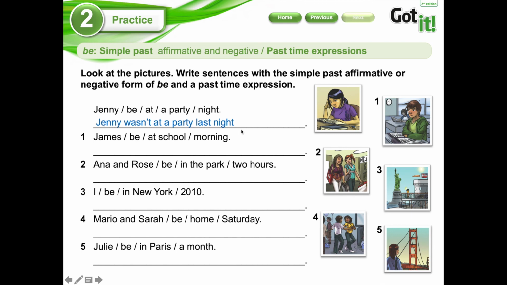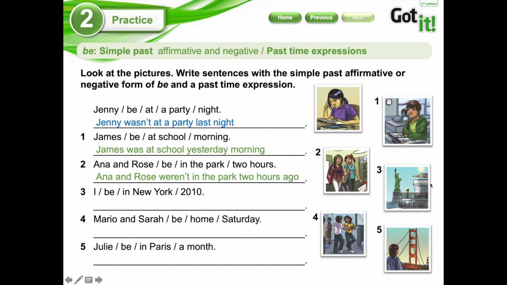Let's go with the first one. James be at school morning. I pay attention to the photograph number 1. James was at school yesterday morning. Let's go with the second one. Here we have Anne and Rose. We have the second photograph. Anna and Rose weren't in the park 2 hours ago because they were shopping. Okay.